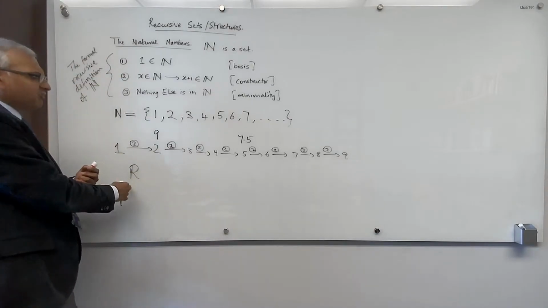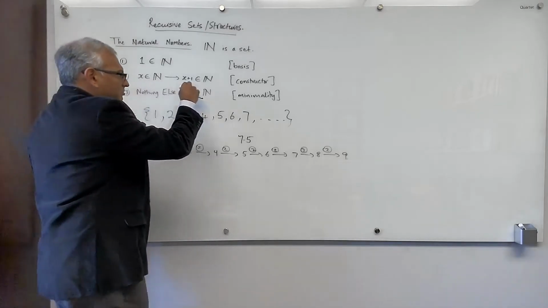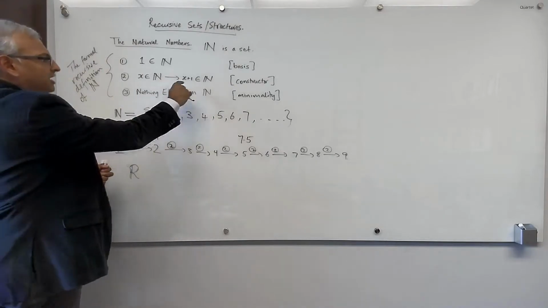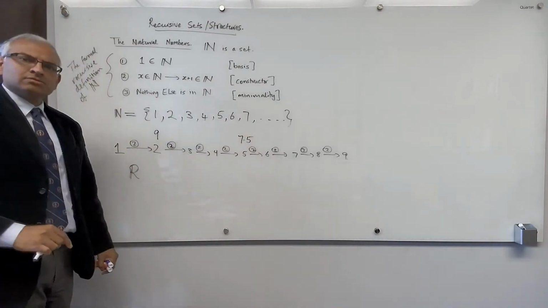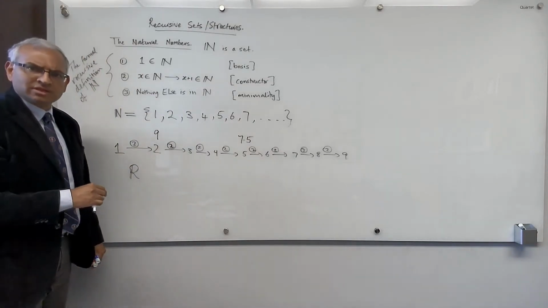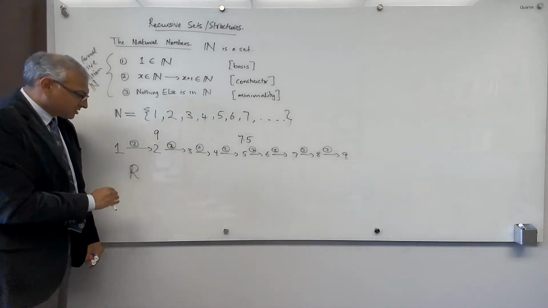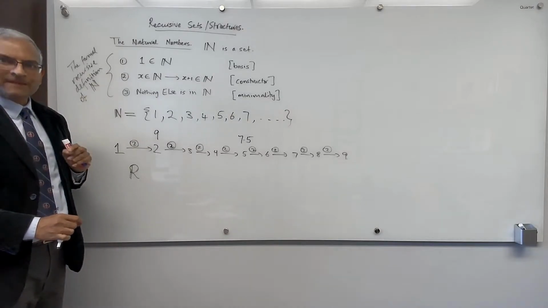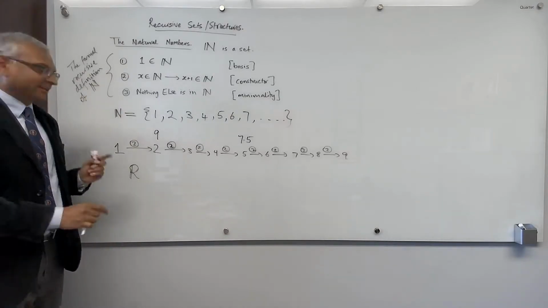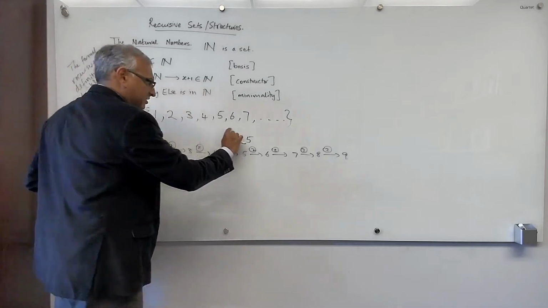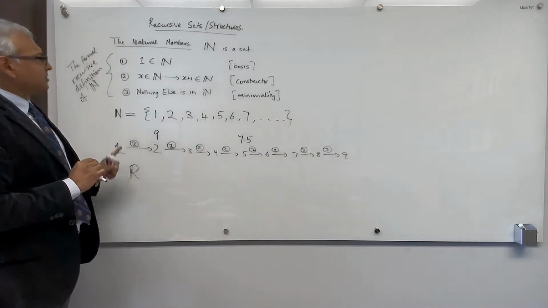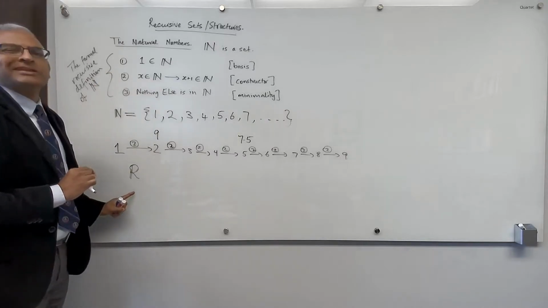Yes. Remember, this is an implication. It doesn't say x is in the real numbers. It says if x is in the real numbers, then x plus 1 is. So if 2.5 is in the real numbers, is 3.5 in the real numbers? Yes. So the real numbers satisfies 1 and 2, but it has other things beyond this. And so that's why this is not the definition of the natural numbers.